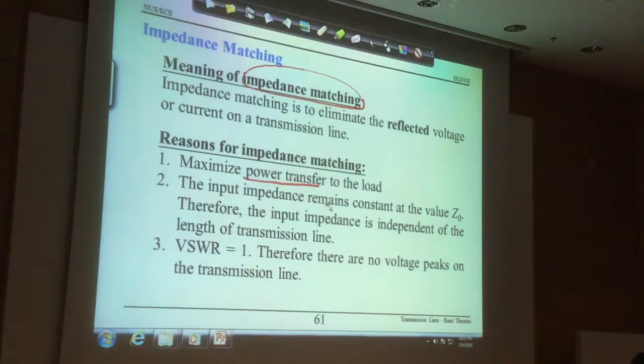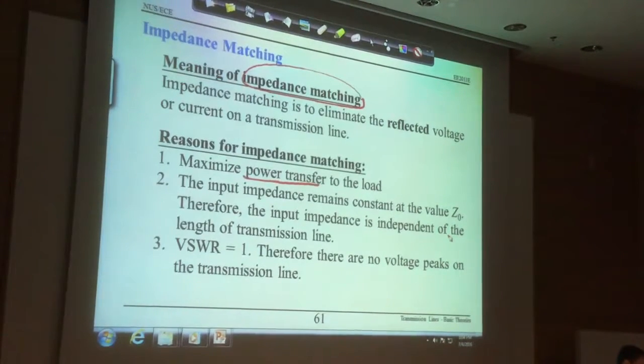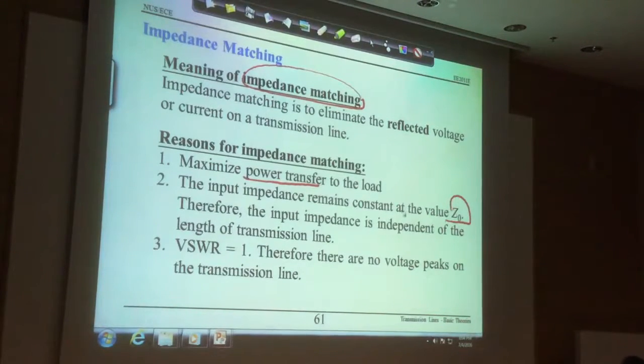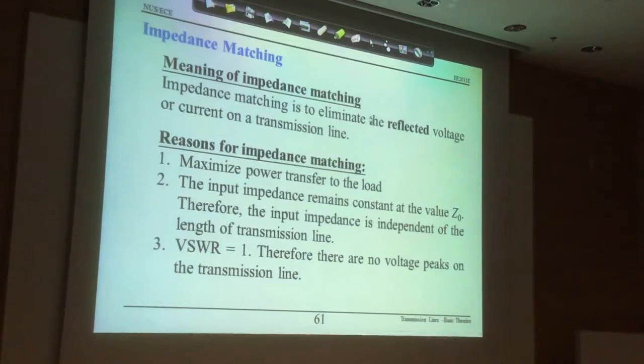The input impedance remains constant at the value Z0, with no voltage peak on the transmission line. If the input impedance equals Z0, then we can achieve maximum power transfer.